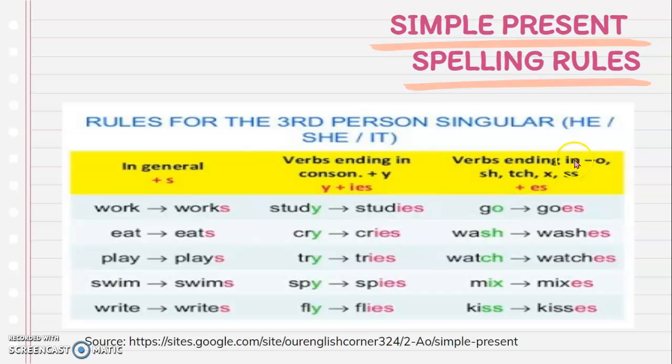For verbs that finish in o, sh, ch, x, s, we add es. For example, go, goes, wash, washes, watch, watches, mix, mixes, kiss, kisses.